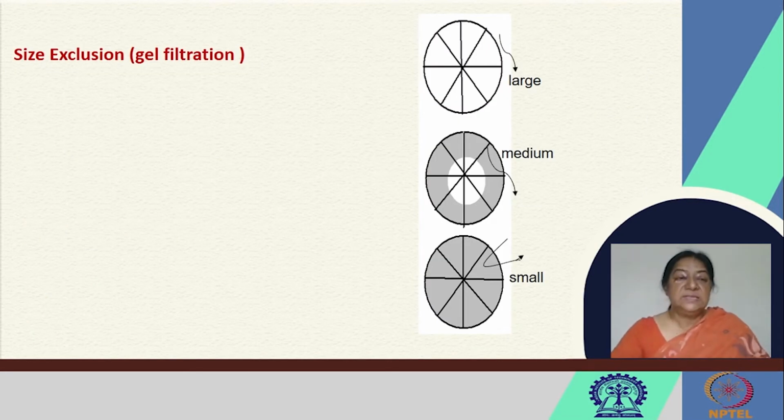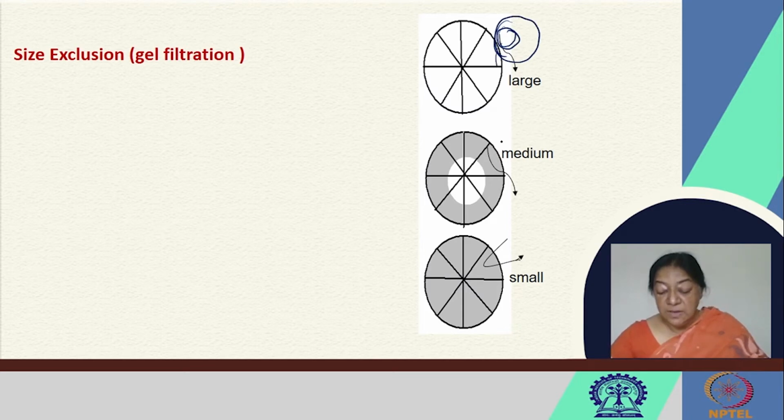So, in this size exclusion or gel filtration chromatography, if this is a schematic of our bead, we realize that if we have a large molecule, it will not be able to enter the bead. A medium-sized molecule may partially enter the bead, but a smaller sized molecule will definitely enter the bead.